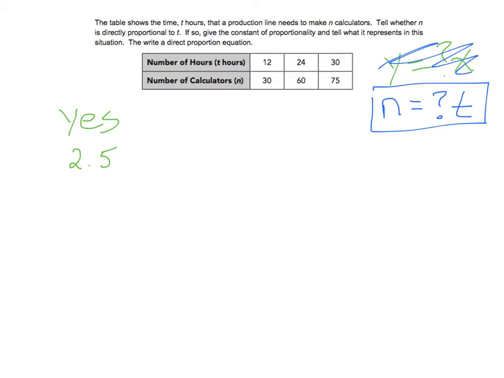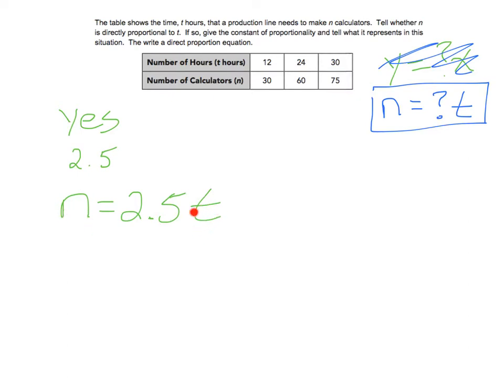To write the equation, our constant goes in for the mystery amount. So the equation would be n equals 2.5 t. However many hours you plug in for t, you multiply that by 2.5, and that gives you how many calculators.